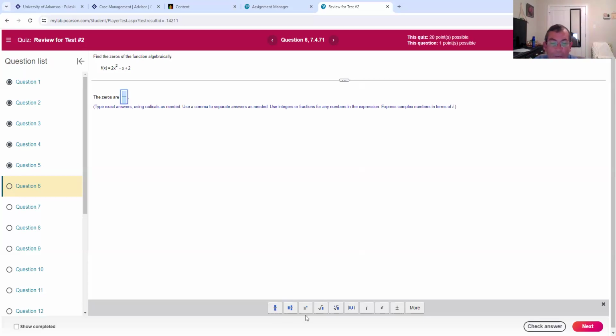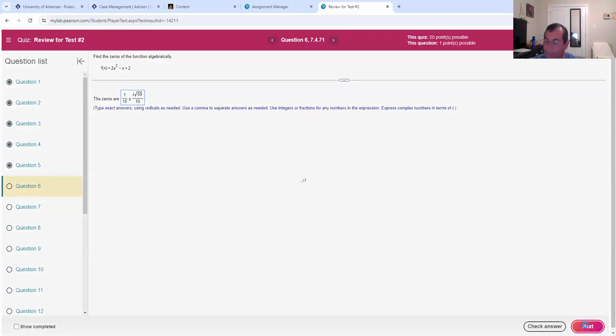I would put in my 1 divided by 10. Arrow right, I would use that plus or minus down here. I would do my fraction again, and then I would do my i square root 59. And then I would arrow to the bottom and put in my 10. Okay, so you have to split it apart like that in MathLab.